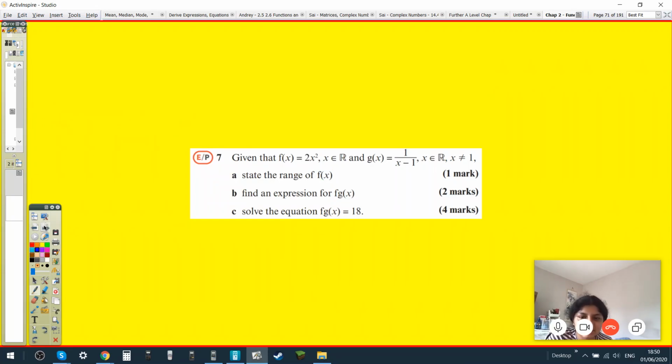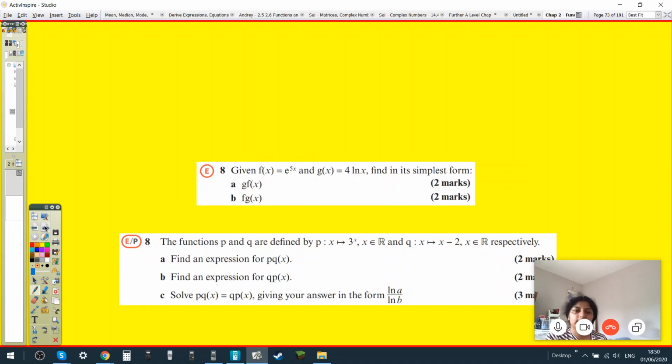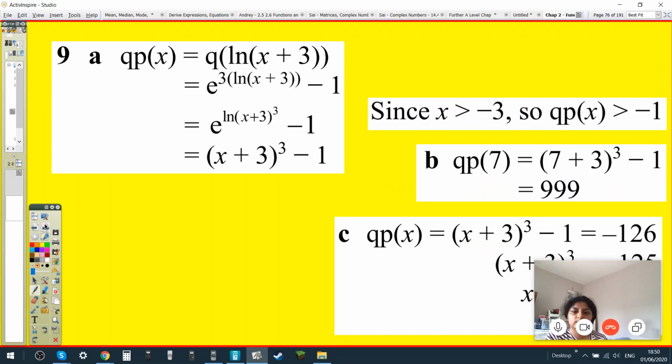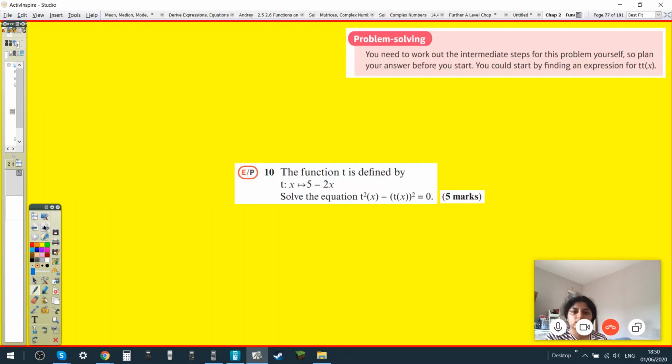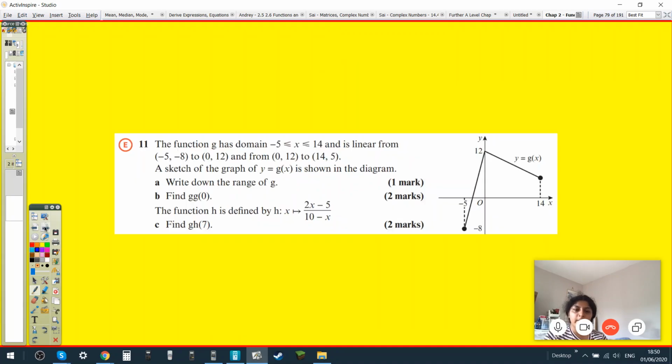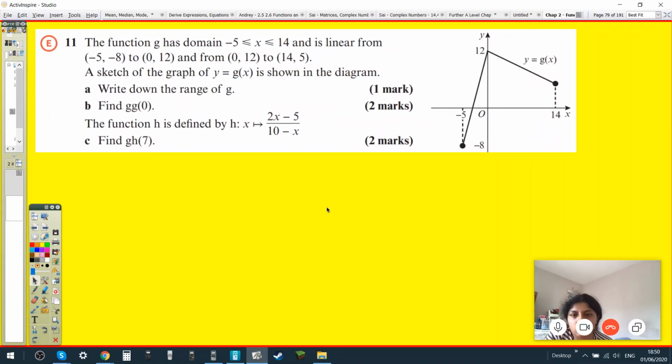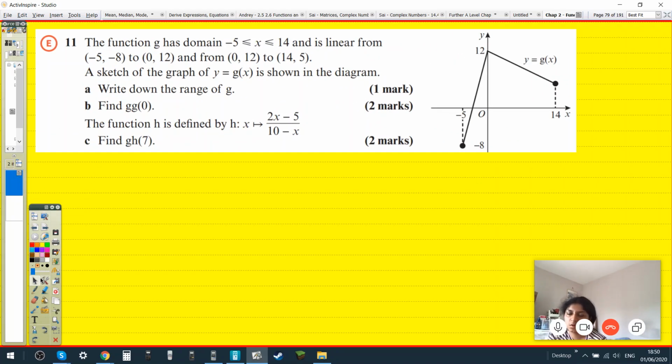Let's see this one. Find the expression. This is alright, they're just using e and ln. Solve this equation. That's just into itself. What's the range for this one? X is less than 12 and greater than minus 8. Do you mean y?